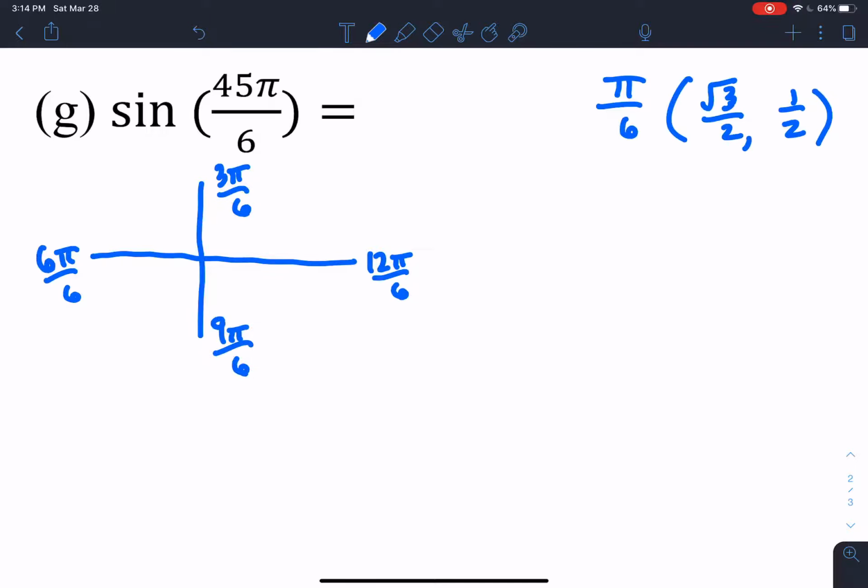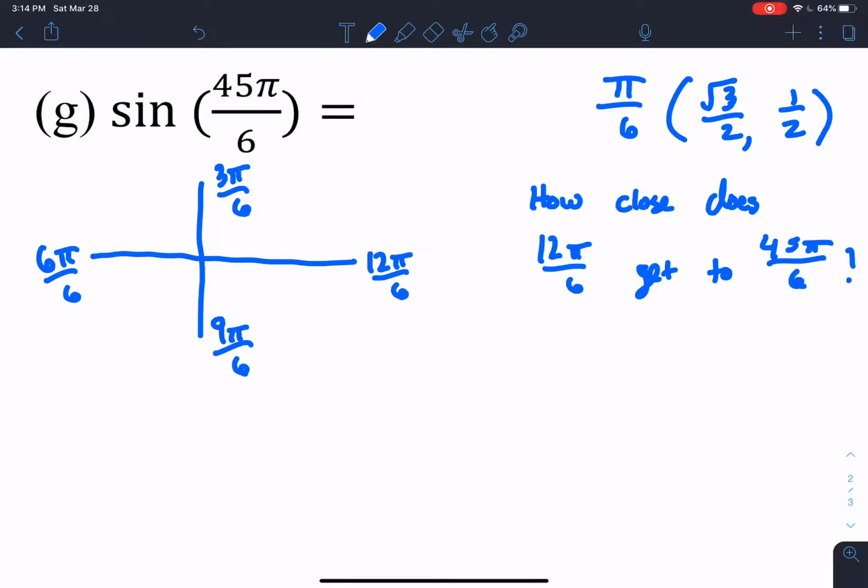So you have to think of how close 12 pi over 6 gets to 45 pi over 6. How many full rotations are you going to have here?